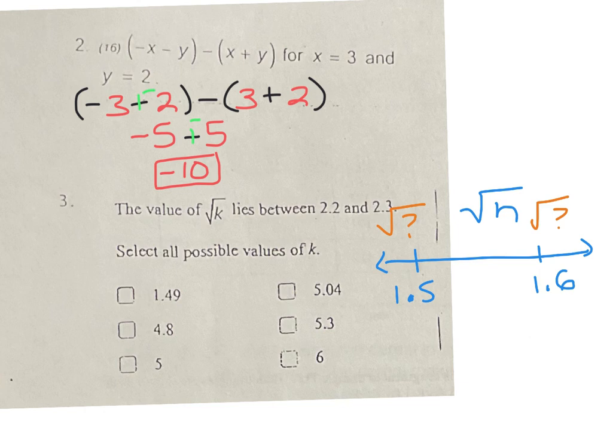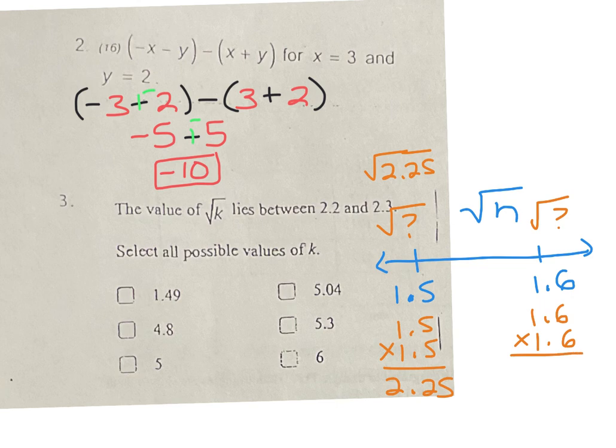When we take a square root, mathematically we are finding what number multiplied by itself will give me that. So if I know the answer is 1 and 5/10, to find out what I'm taking the square root of, I could take 1 and 5/10 times 1 and 5/10, which would be 2 and 25/100. So that tells me that here I'm taking the square root of 2 and 25/100. Now to find my other side, I could take 1 and 6/10 times 1 and 6/10, and that would be 2 and 56/100.